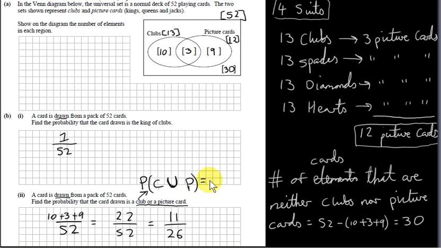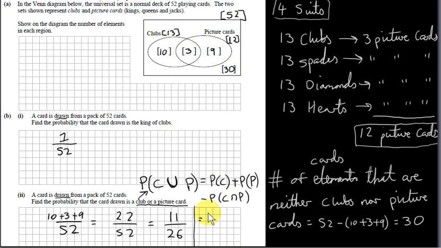And we could use a big long formula for that. It's probability of C plus the probability of P minus the probability of C intersecting P. So basically that will give us those three numbers. The probability of C is the number of cards in this set over 52.